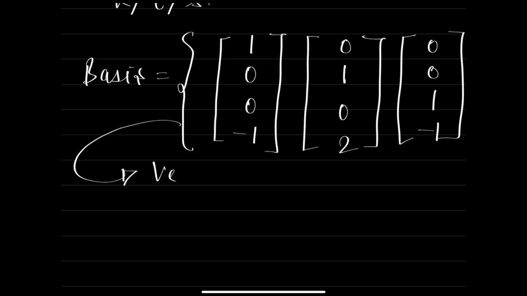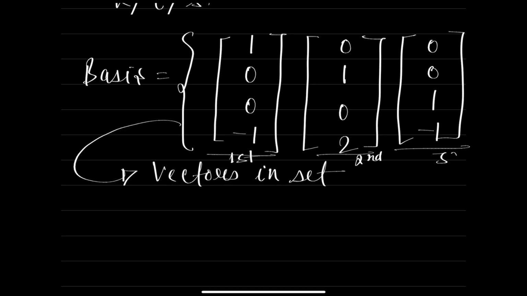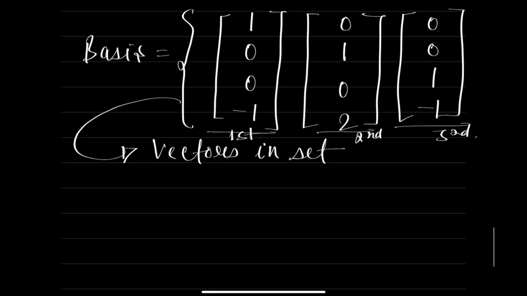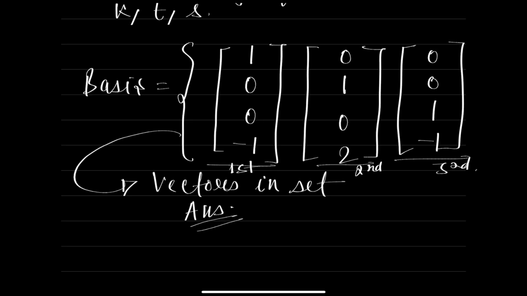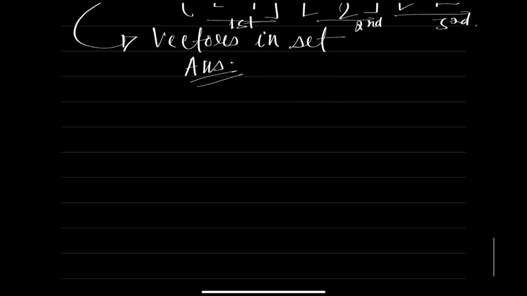These are the vectors in the set, this is the first, this is the second, and this is the third vector. All these column vectors are linearly independent. So this is the answer.